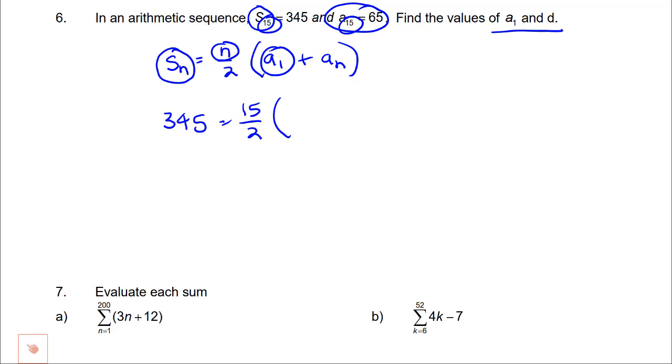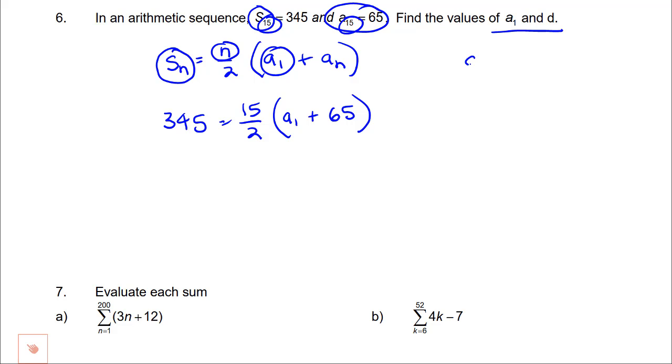This is, oh, I don't have it yet. Doggone it. A sub 1, but I do have a sub n, don't I? Wait a second. Could I now use some algebra there and find a sub 1? Now, for the sake of time, I'm saying it's set up. You can go back and do it.